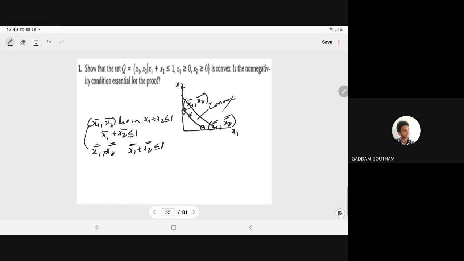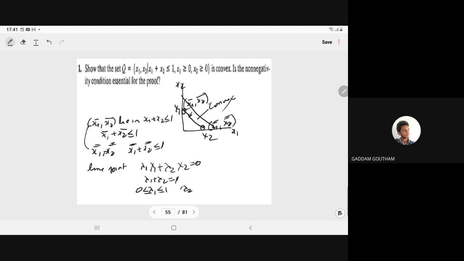Now the line joining means lambda 1 into x1 plus lambda 2 into x2, where lambda 1 plus lambda 2 is equal to 1, and lambda 1 lies between 0 and 1.